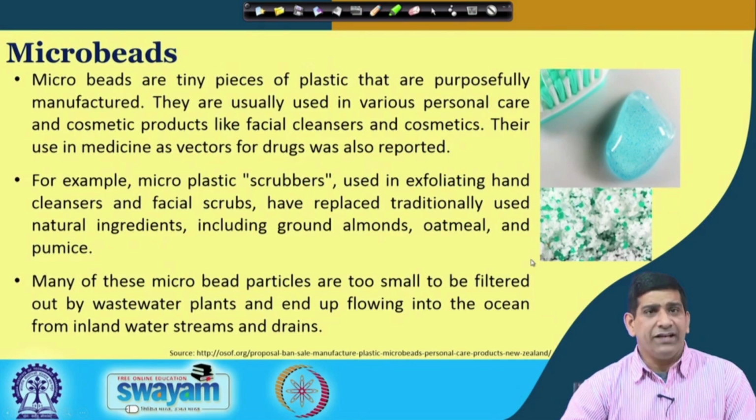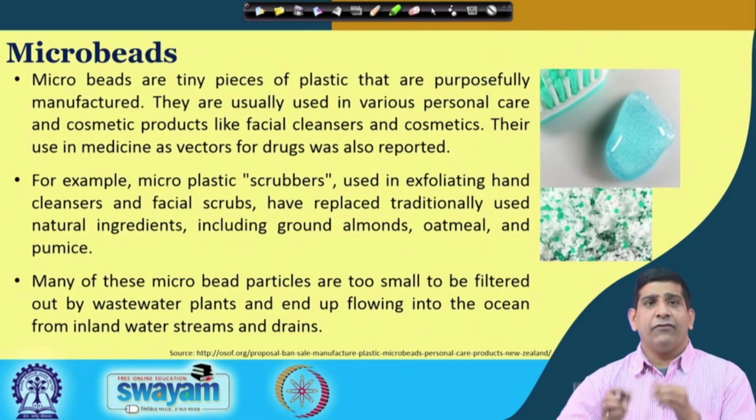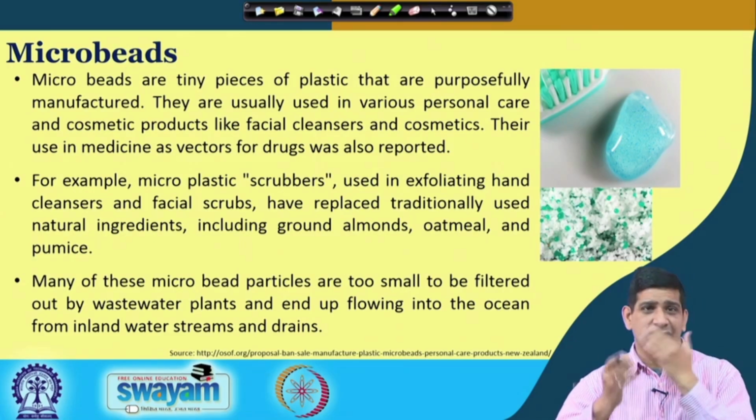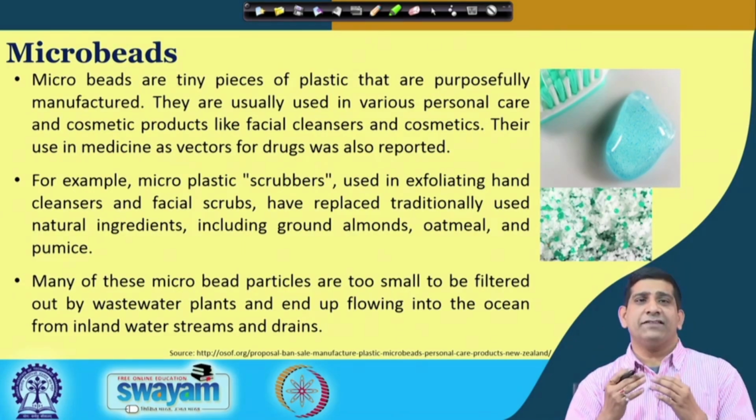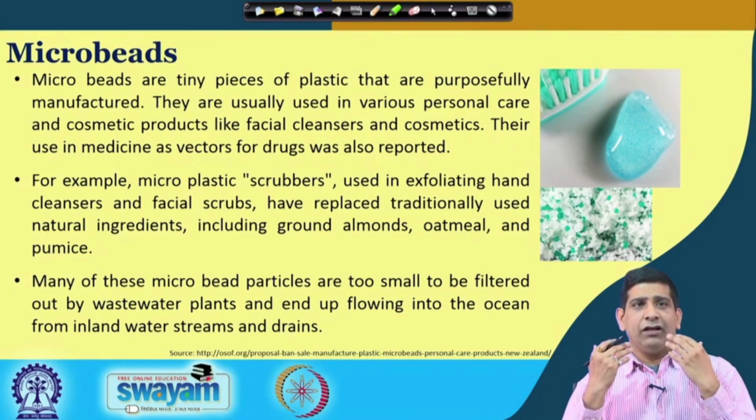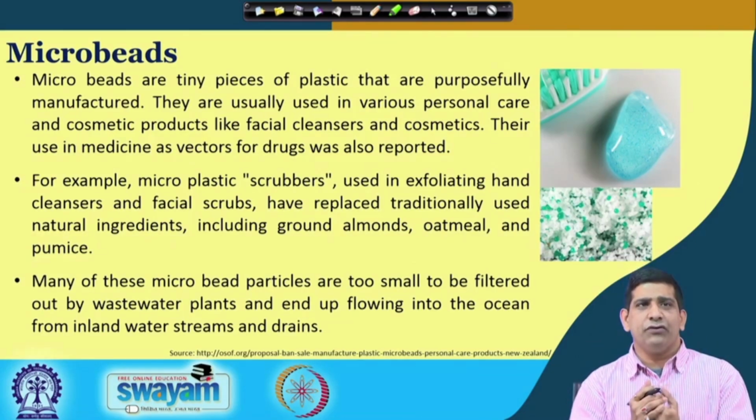Microbeads are another area. Microbeads are tiny pieces of plastic. If you have used a scrubber on your face, earlier most of these scrubbers were made of natural stuff like ground almond. Almond is so costly now.